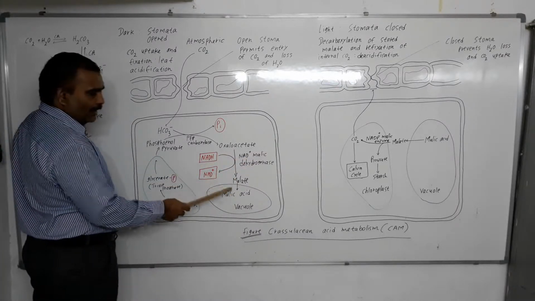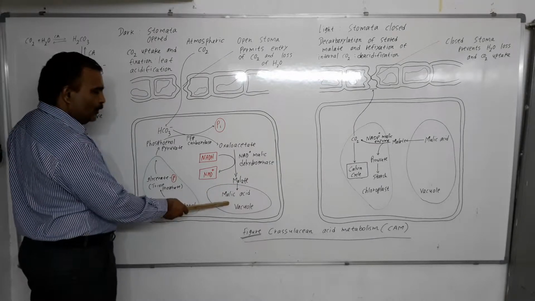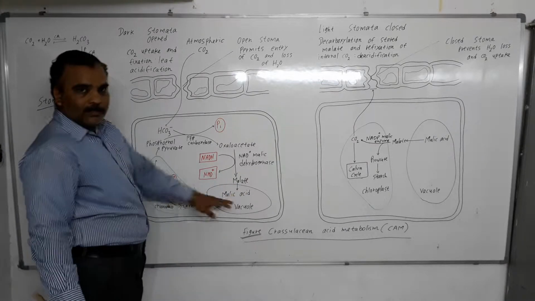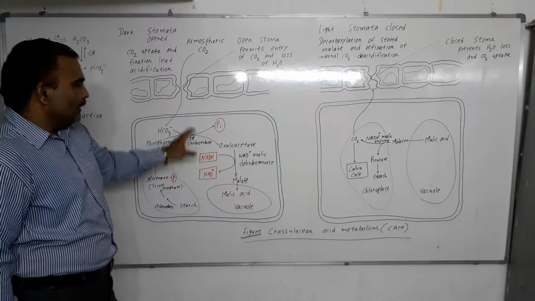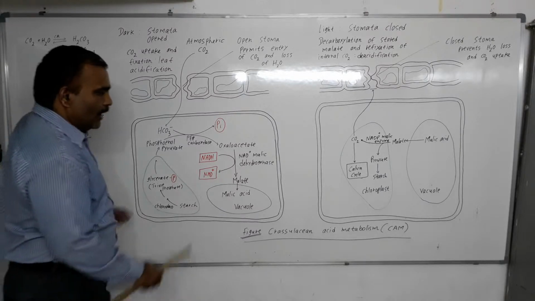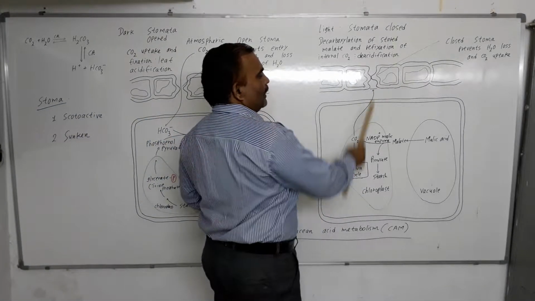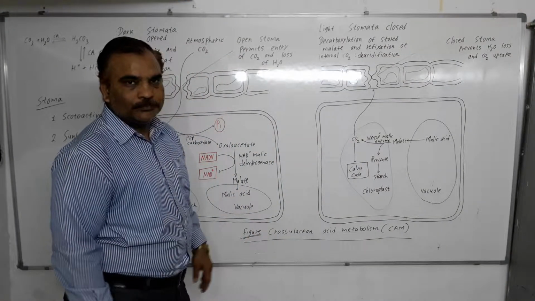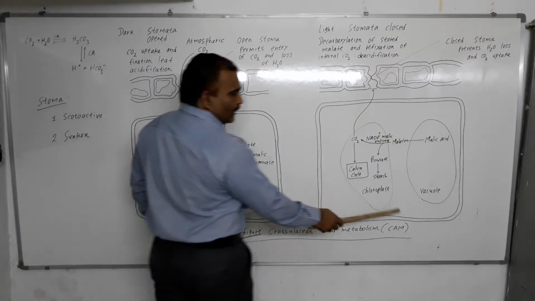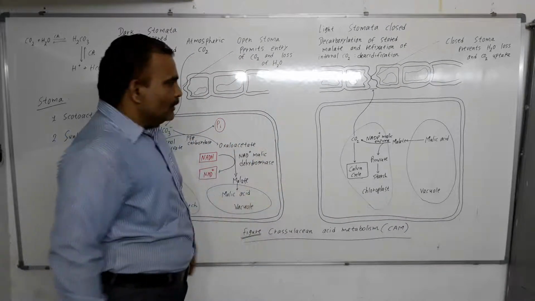Now during night this malate enters the vacuole, and in the vacuole malic acid is stored. So these are the reactions which take place during night. Okay. Now during daytime stomata are closed.